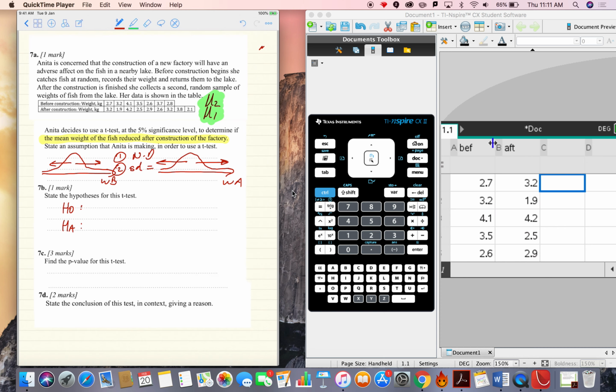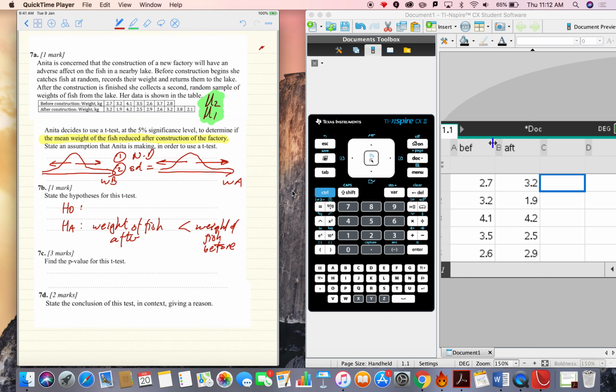Surely for the null and alternative hypothesis we can just write in words, and we can. I'm going to start with the alternate, which is a bit weird, but it definitely says that the weight of fish after is less than the weight of fish before. That's clearly what this person's testing for.